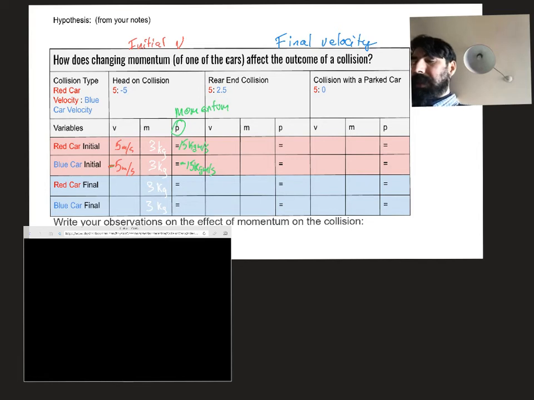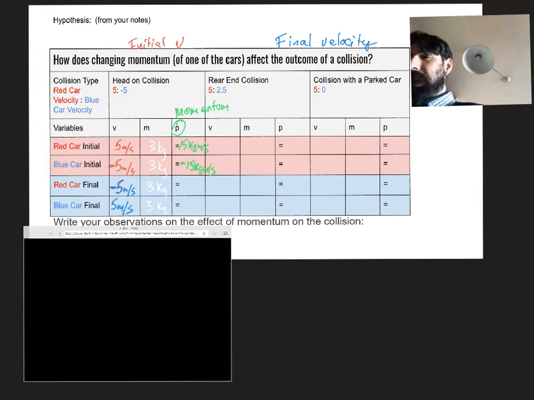There we go. They bounce off each other. I pause it so I can get my data. Now, the red car has a final velocity of negative 5 meters per second. And the blue car has a final velocity of 5 meters per second.